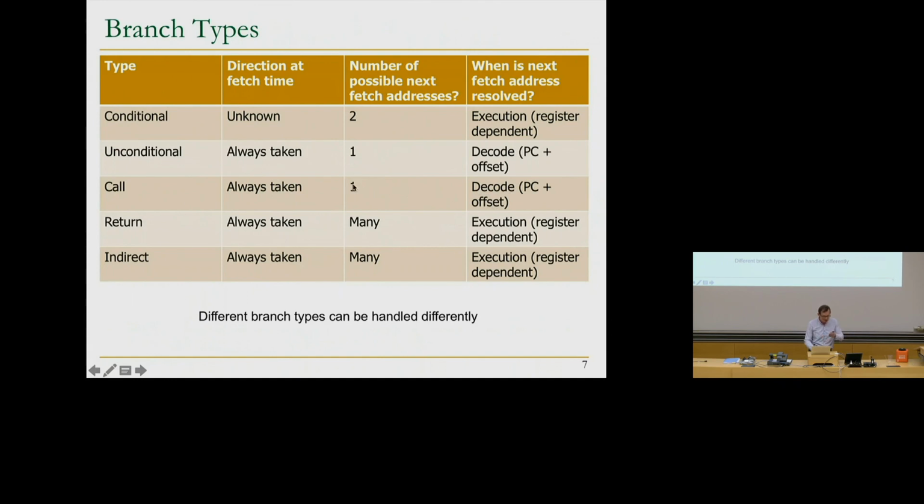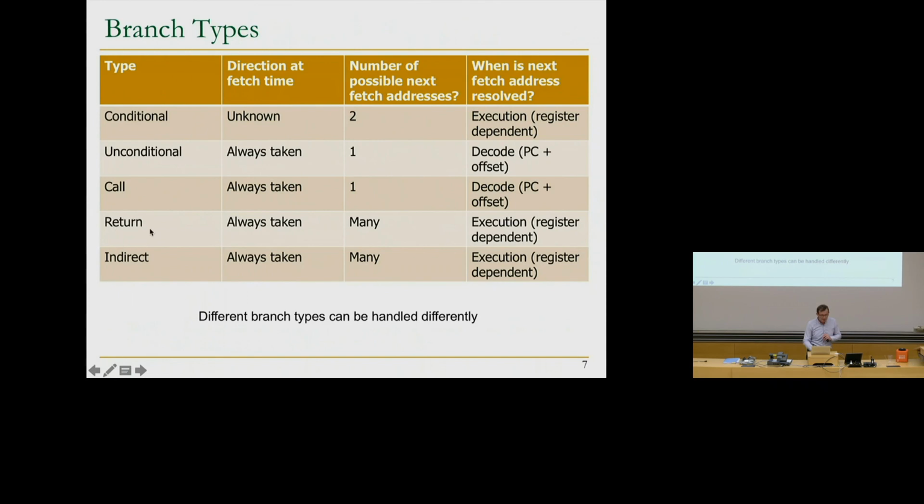And they're not conditional. When you're doing a function call, most ISAs don't have conditional function calls. So it's unconditional, and easier to handle. But conditional branches are very hard to handle, so we're going to focus a lot on conditional branches.